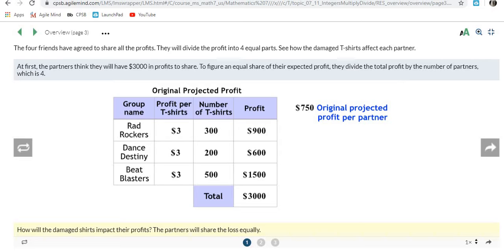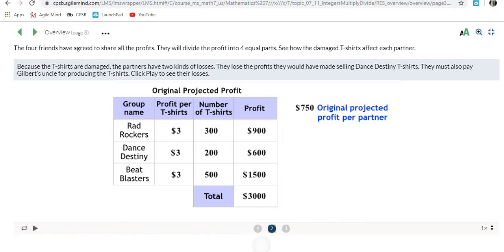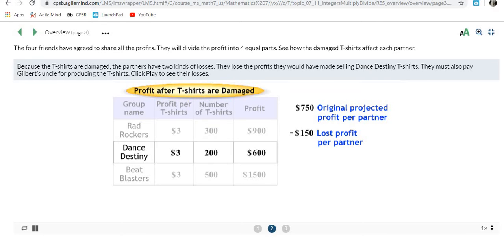But did they earn a profit of $3,000? Nope. So it looks like they no longer have that $600 amongst those 4 people, which means each person lost a $150 profit, and they lost some materials as well.